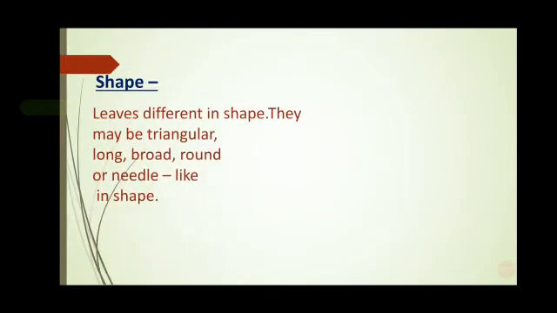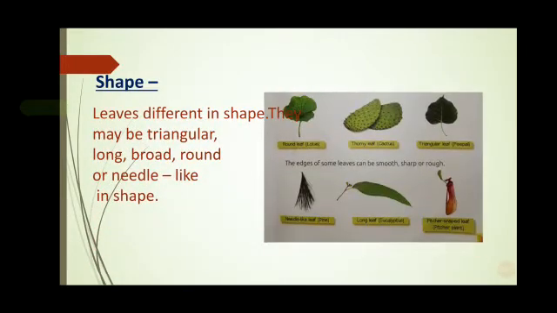So basically leaves are different in shapes. They may be triangular, long, broad, round or needle like in shape. Basically we are saying that the leaves can be of different shapes.